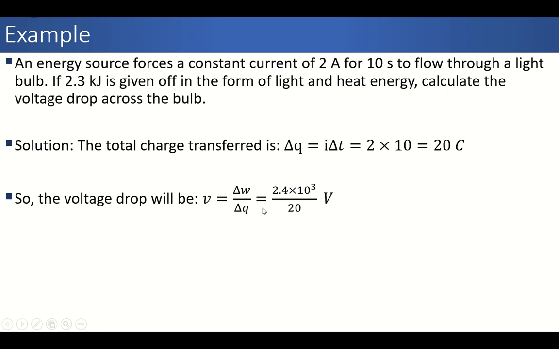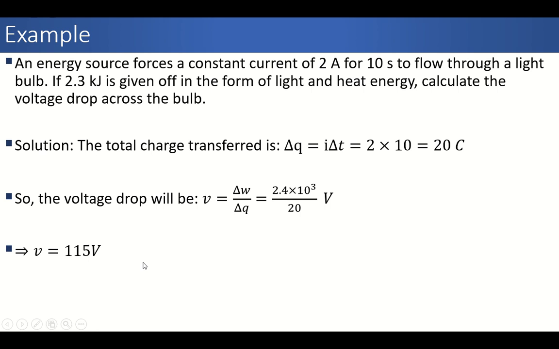So we use the value of energy, 2.3 into 10 power 3 joules, divided by the charge, 20. So V is equal to 115 volts. This is the voltage drop across the bulb in those 10 seconds.